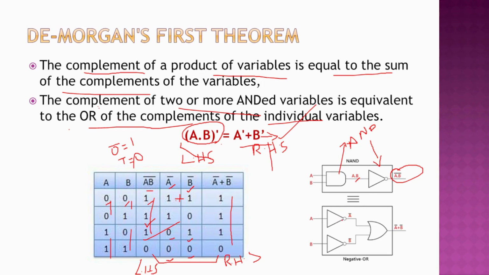First, draw the values for A dash and B dash. So first you give A as input and it is connected with the NOT gate to get A bar as output, as well as B bar as output. Both will be connected with the OR gate.